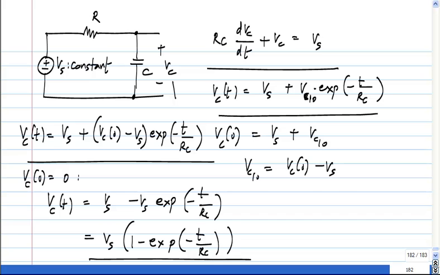I think this you would have seen in RL or RC circuits. But in general, if you start from a different initial condition, you will get this other solution.